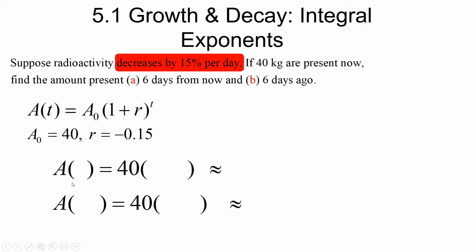So, 6 days from now, so A of 6, I'll go 6 here, and 6 as my t in the model. And now, what's my growth factor going to be? 1 plus -0.15. That would be 0.85.